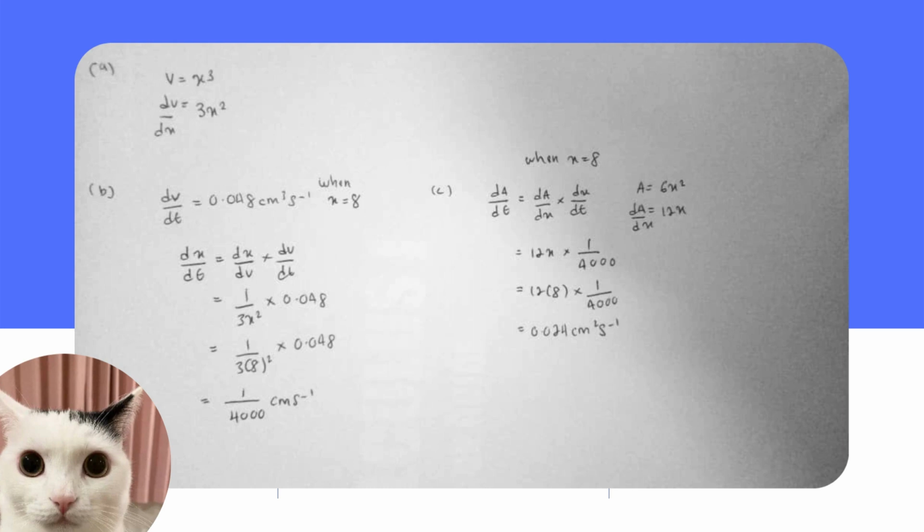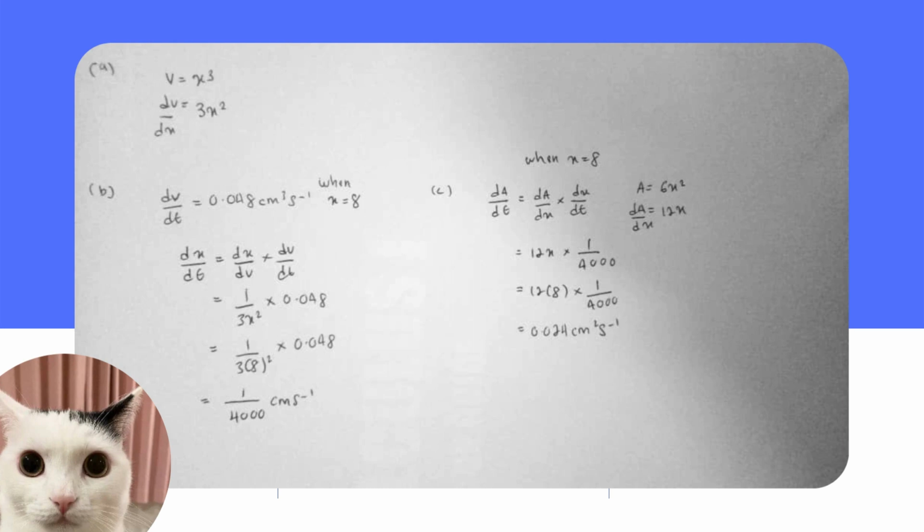We must know that the surface area of a cube equals 6x squared, and we differentiate that: dA/dx equals 12x. We know that dA/dt equals dA/dx multiplied by dx/dt.